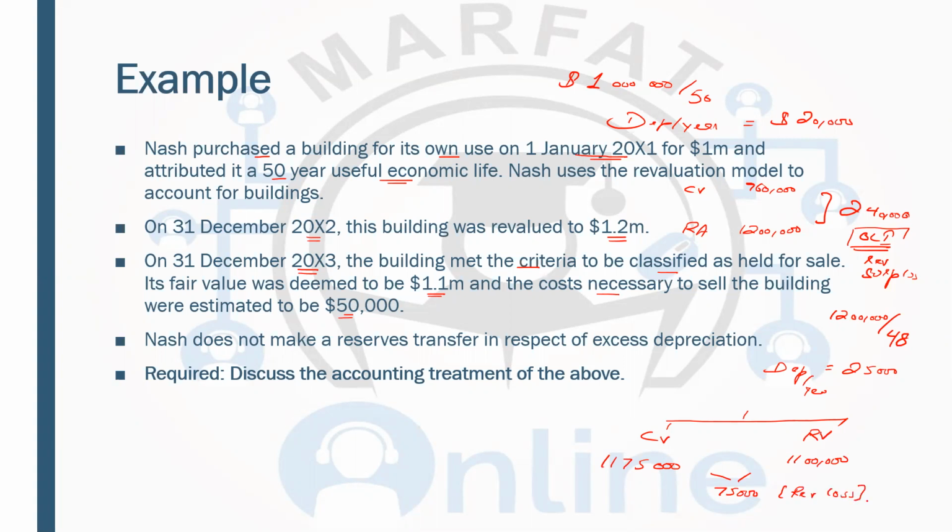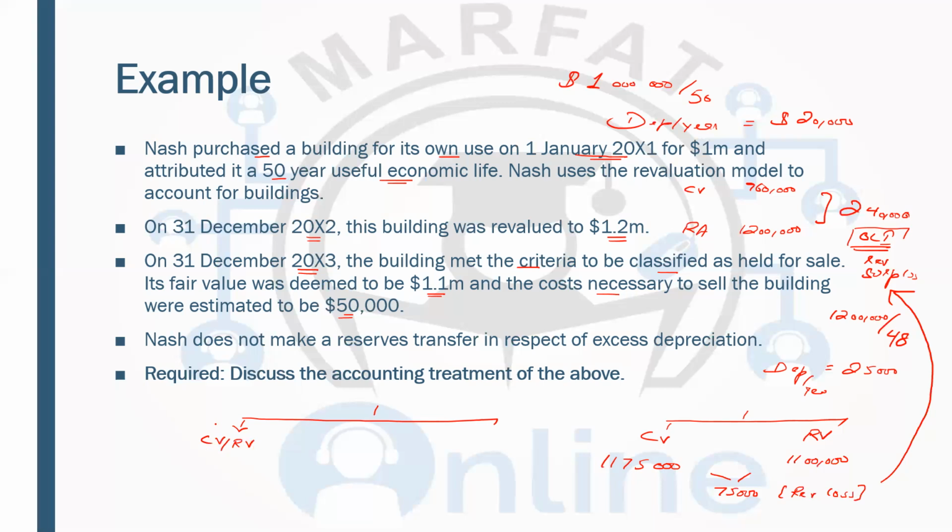And this revaluation loss of 75,000 should be recorded against the revaluation surplus we were already having, because we know that if we are already having a revaluation surplus, first of all, this revaluation loss should be deducted from it. Once it is being revalued, now the carrying value resembles the revalued amount.